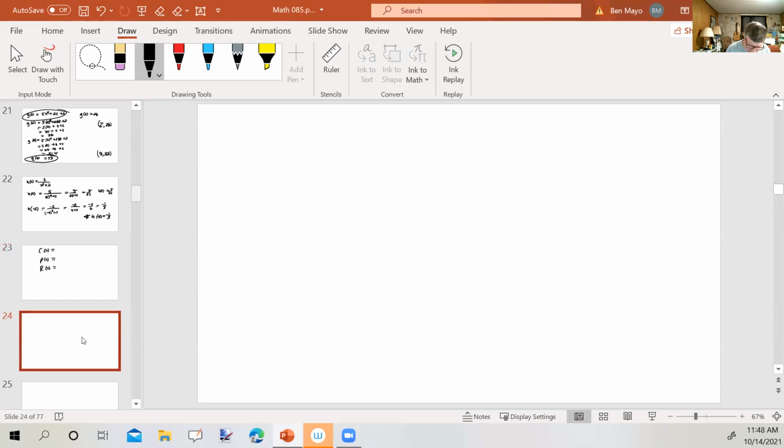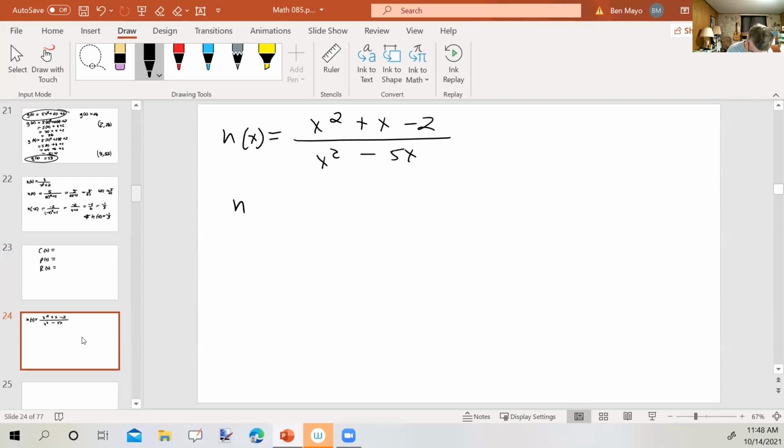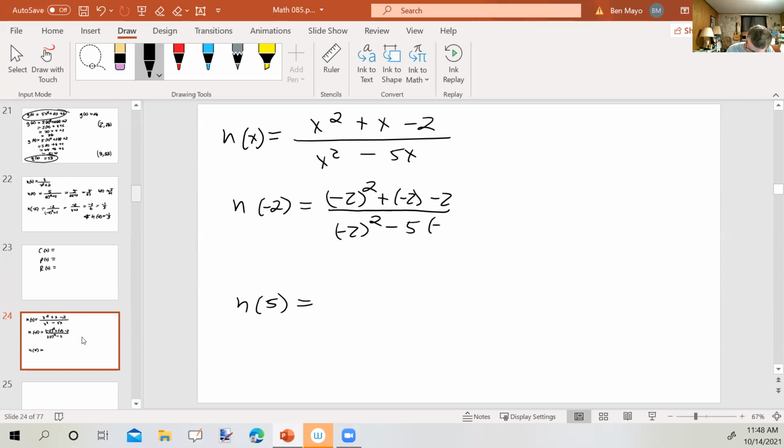All right, how about this problem? H of x equals x squared plus x minus 2 over x squared minus 5x. Let's find h of negative 2 and then h of 5. So h of negative 2 would be negative 2 the quantity squared plus negative 2 minus 2, all over negative 2 the quantity squared minus 5 times negative 2.